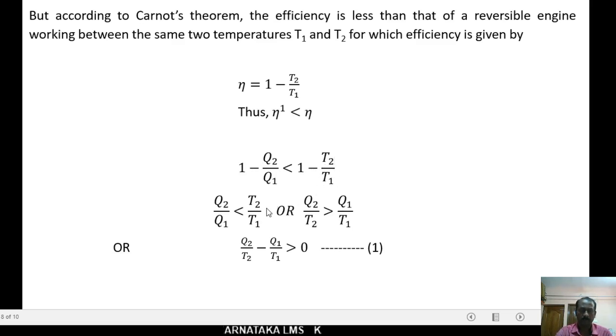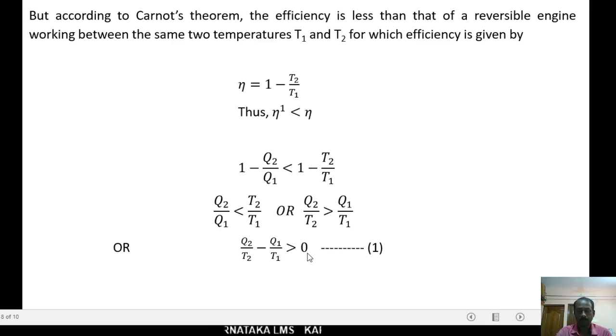On further simplification, the 1 and 1 get cancelled, then it becomes Q2 by Q1 less than T2 by T1, or Q2 by T2 greater than Q1 by T1. Cross multiplying, Q2 by T2 is greater than Q1 by T1, or Q2 by T2 minus Q1 by T1 is greater than 0.